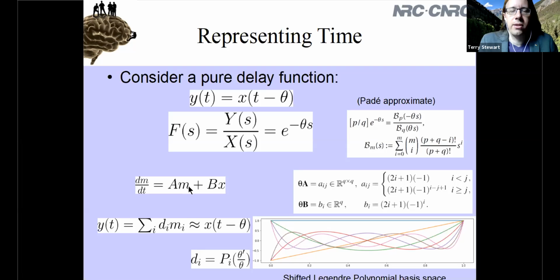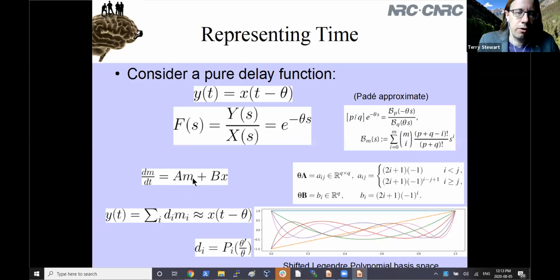The second value represents the average derivative, the average slope of the data over this window, and so on and so forth.